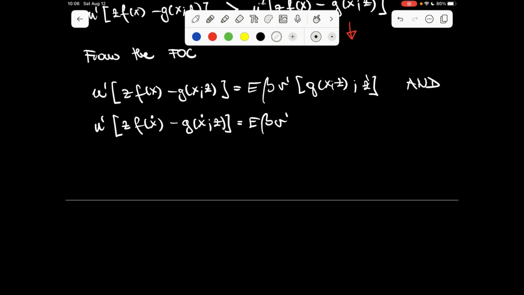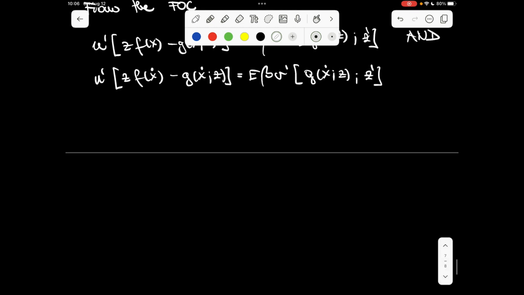So by using the first order condition, we can relate the value function at the different endogenous state, different values of the endogenous state variable.